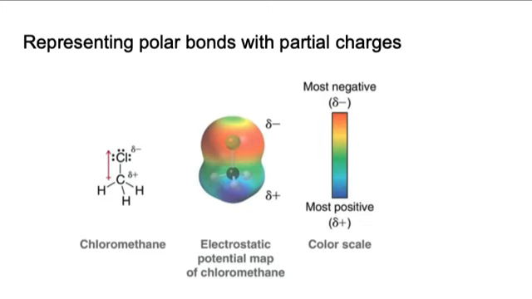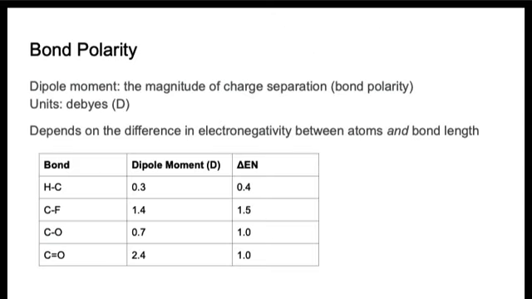When using the crosshair and arrow, point the arrowhead toward the more electronegative atom, and the crosshair goes on the more electropositive atom. Alternatively, you can use the delta plus and delta minus notation. Delta minus is often used to label a more electronegative atom in a polar covalent bond.